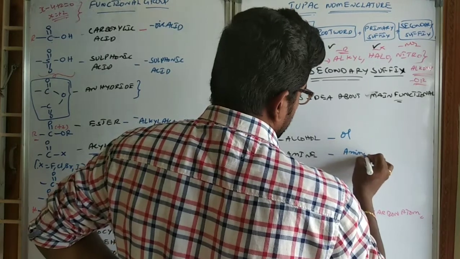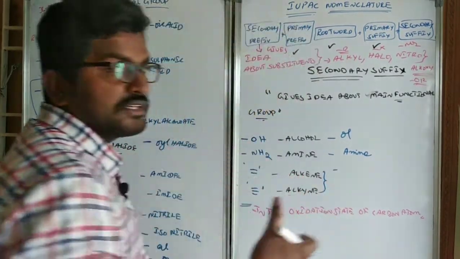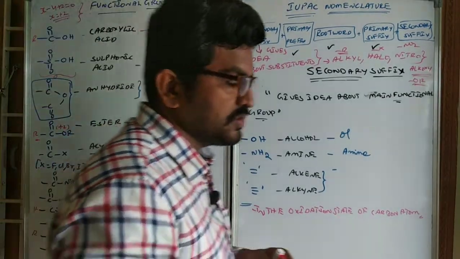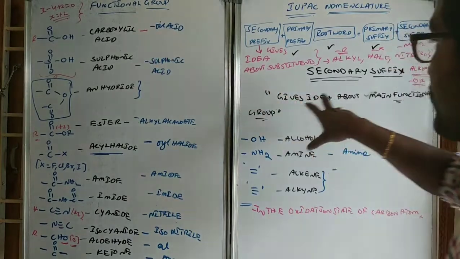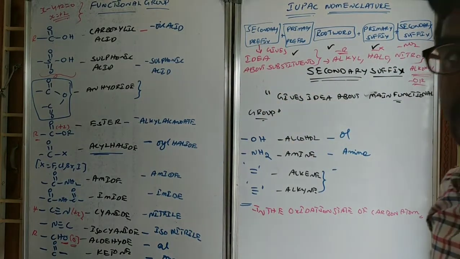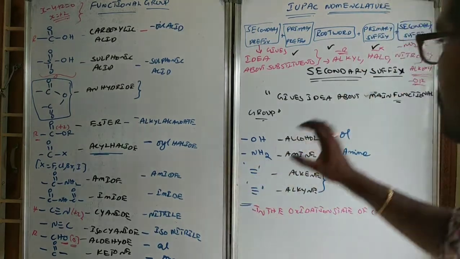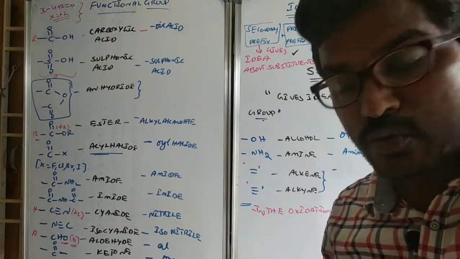Amine, we will use amine as it is. Alkene and alkyne we have already discussed under the primary suffix, so there is no problem at all. So now you see, whenever any functional group is there, that can be identified by using the secondary suffix. In any compound, the secondary suffix gives an idea about the main functional group.